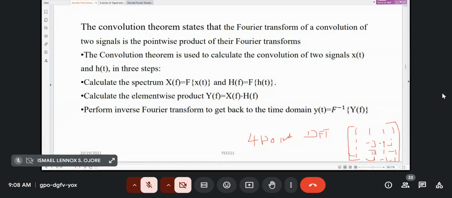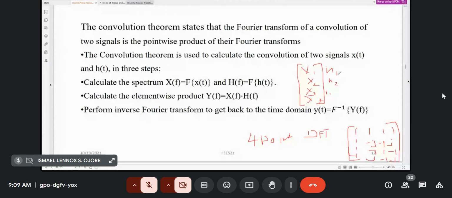Then get the DFT of the other sequence. Then multiply your DFTs. And then what you get, because you're doing element-wise multiplication, and you're familiar with element-wise multiplication, it means if you have x1, x2, x3, x4, and you have, let's say, h1, h2, h3, h4.